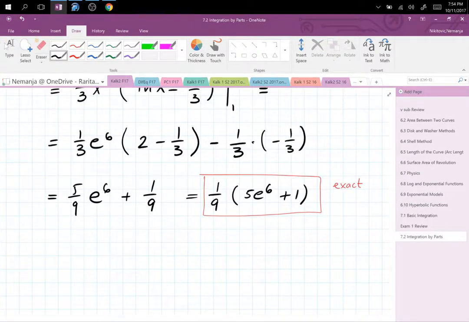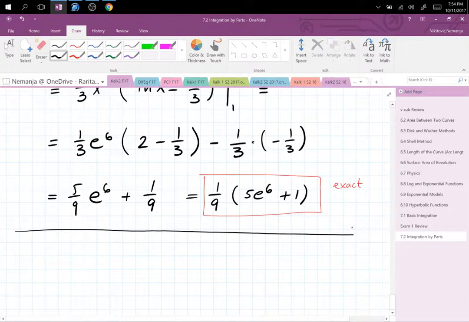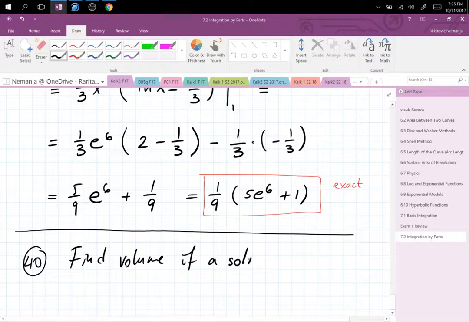Ready for a cool problem? Problem 40 says find the volume of a solid revolving around the x-axis with function given by sine x on domain.